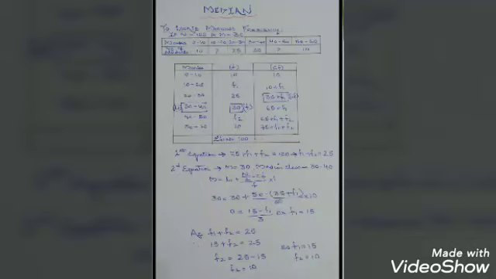So 75 plus F1 plus F2 equals 100, which means F1 plus F2 is supposed to be 25, right? Because if 75 is already given and n is 100, then the remaining F1 and F2 is supposed to be 25.